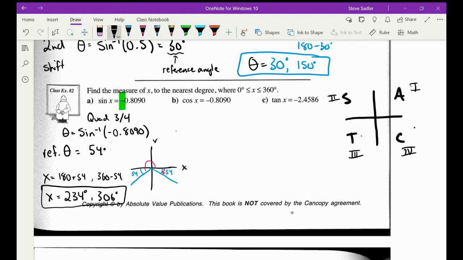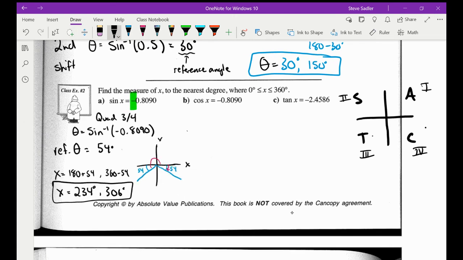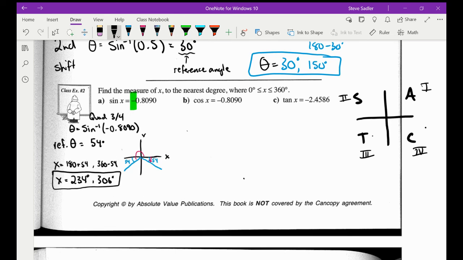All right, I need to make this a little smaller here. Let's do cos negative. So the same value, but with cos. So we know that cos is negative in quadrant 2 and 3. So we're looking for quadrant 2 and 3.